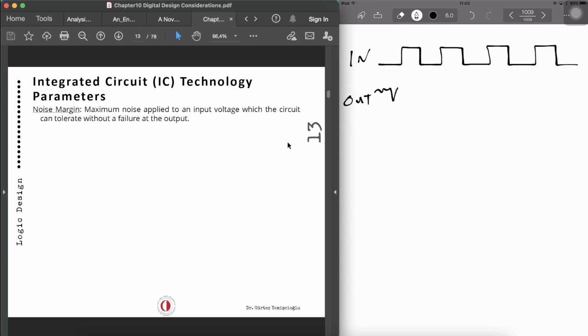Now, you can have signals like this, a little bit delayed, and so you might have something like this, distorted. So what is happening over here, over here, or maybe here, or maybe here.